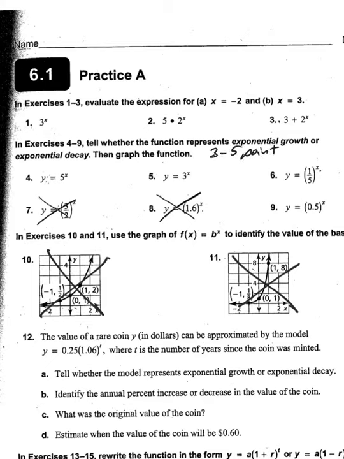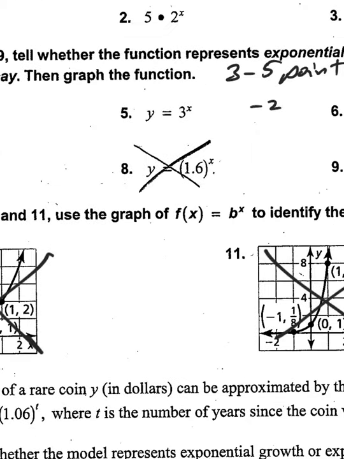Typically, the points that you're going to be using are -2, -1, 0, 1, 2. Those points, because of any of these exponential functions, is where most of what happens is in that range. The problem is -2 and 2 sometimes give you numbers that are so huge they're not on the graph. So that's why I'm saying try to get at least 3 points to graph it.